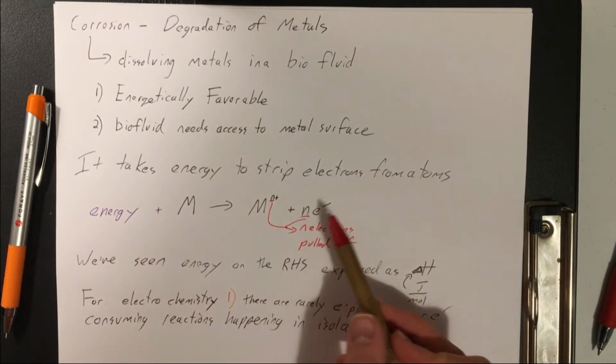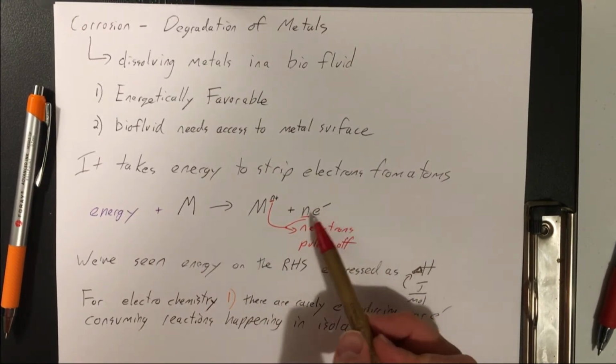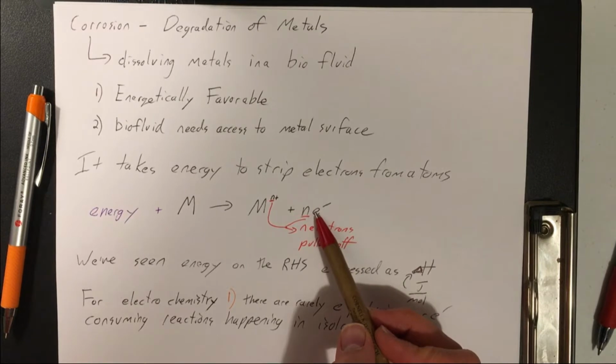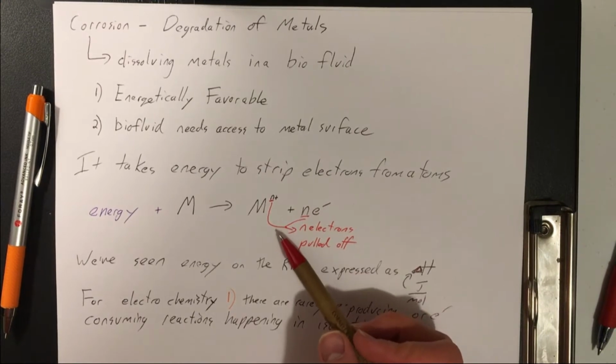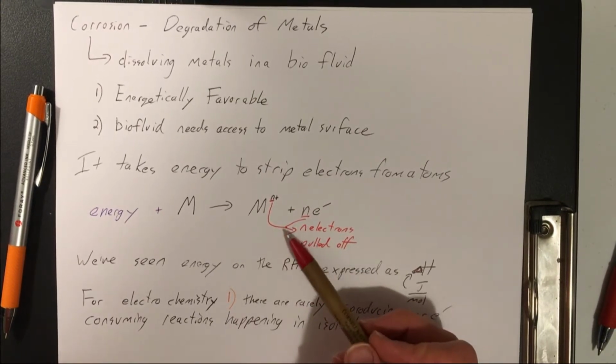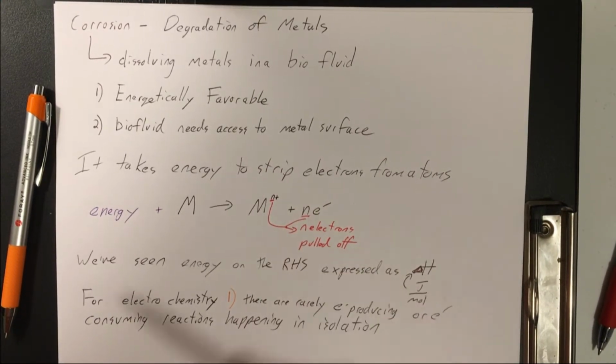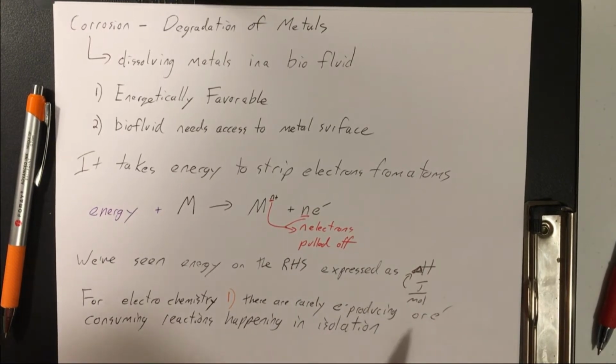We rarely have electrons just hanging out doing nothing, right? These electrons would, if we think about them as choosing something, choose to hang out on some other atom or some other ion. They're not just going to hang out as electrons for long by themselves.